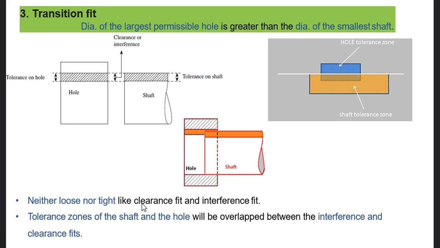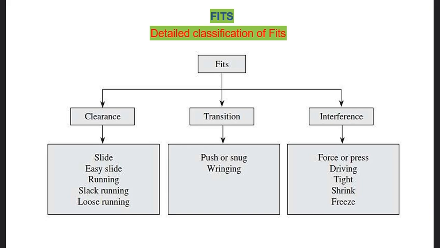The best example I can give you is when you assemble the body of the pen and the cap of the pen, that is nothing but a transition fit. These are the three fits which we generally get. If you go into the classification of fits, there are three types when the shaft and hole are assembled: clearance fit, transition fit, interference fit.